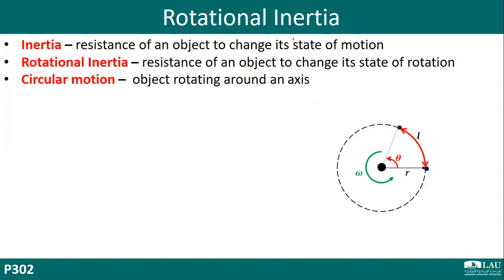So to be able to study the motion of a rotating object, we need to understand that we don't have regular or linear motion here. The variables that we have already studied in the first four or five labs are not the same.